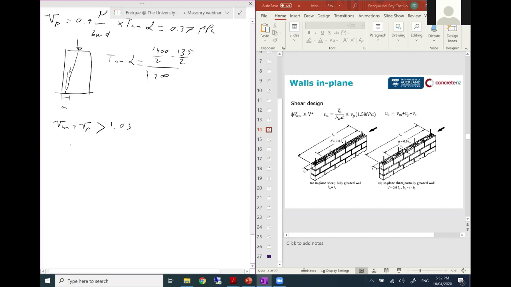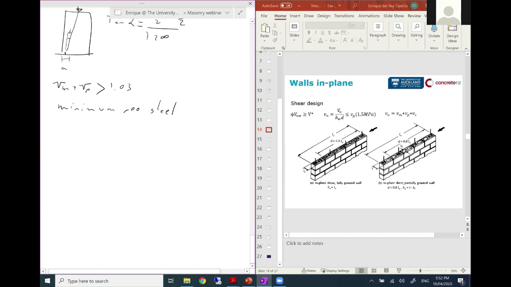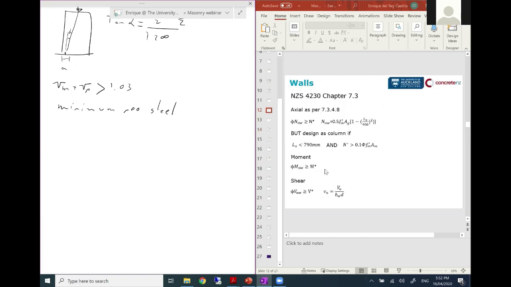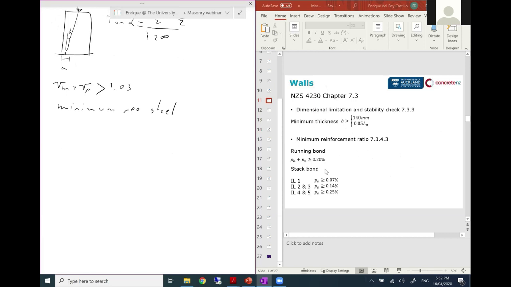So what we do is minimum shear steel based on those provisions here, those ones there. That's it. It's quite simple.